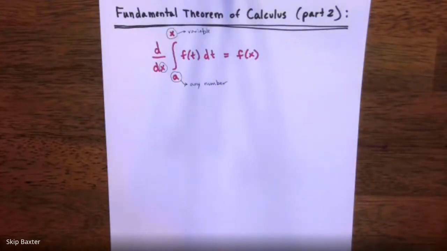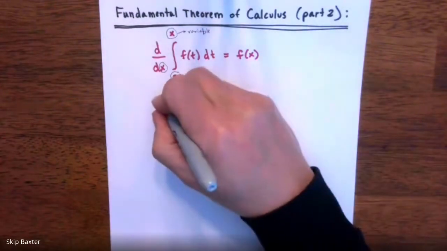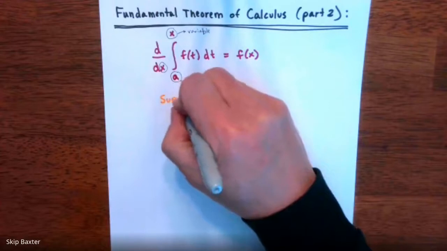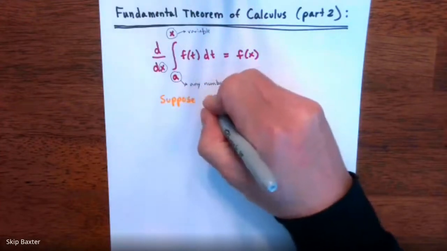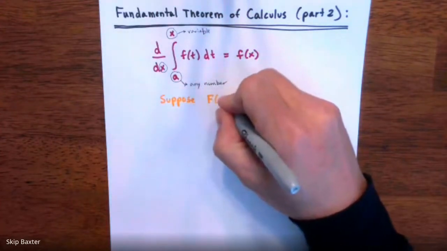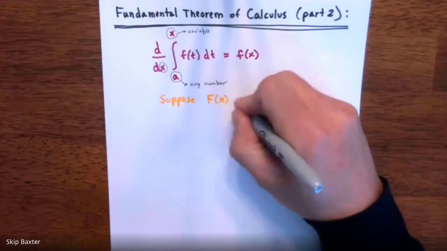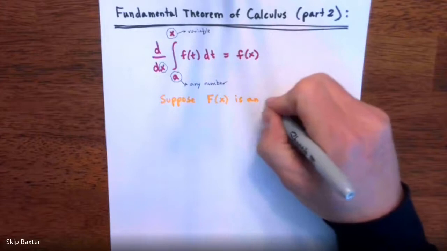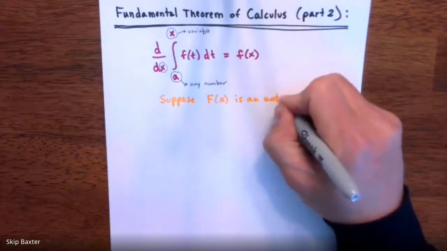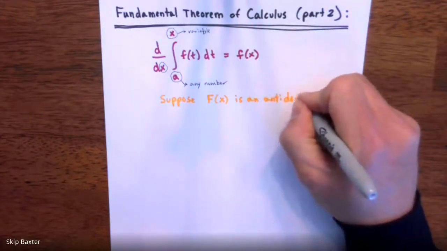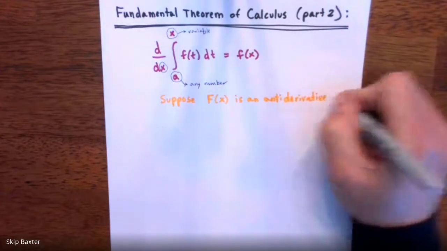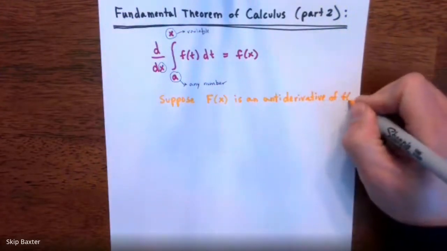And if you think about why this is true, it kind of makes sense. Like, suppose capital F of x is an antiderivative of little f of x.